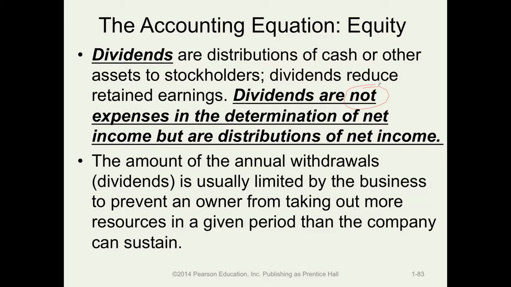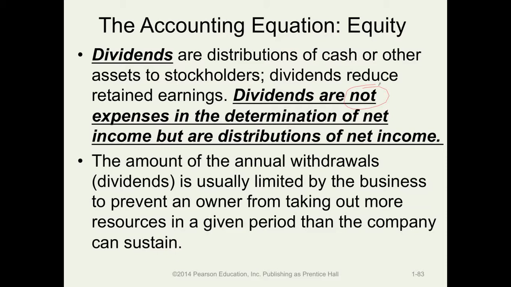They're not deducted when we determine net income, but they are considered distributions of net income. The amount of the annual withdrawal of dividends is usually limited by the company's profit or cash needs, because they want to be sure the company has sufficient income or cash to continue to grow and make investments back into the company.